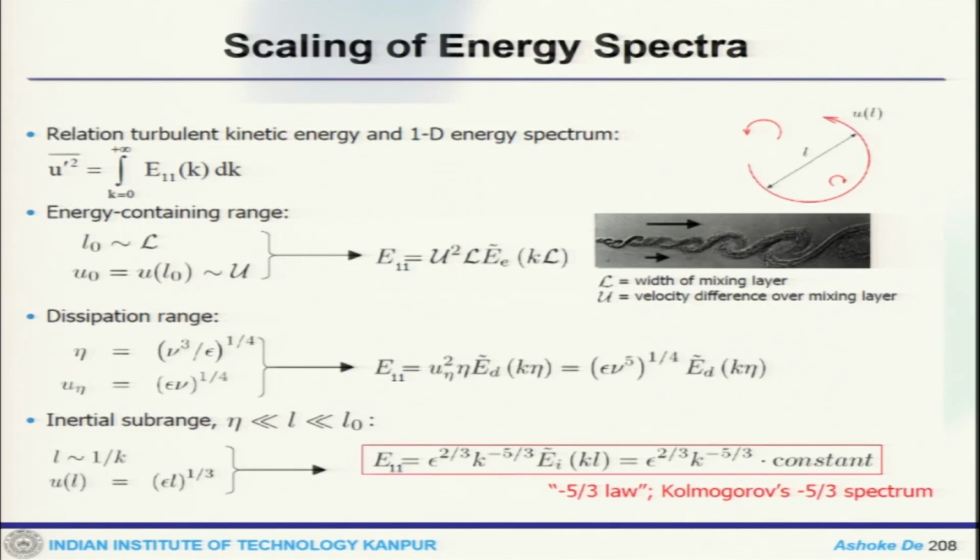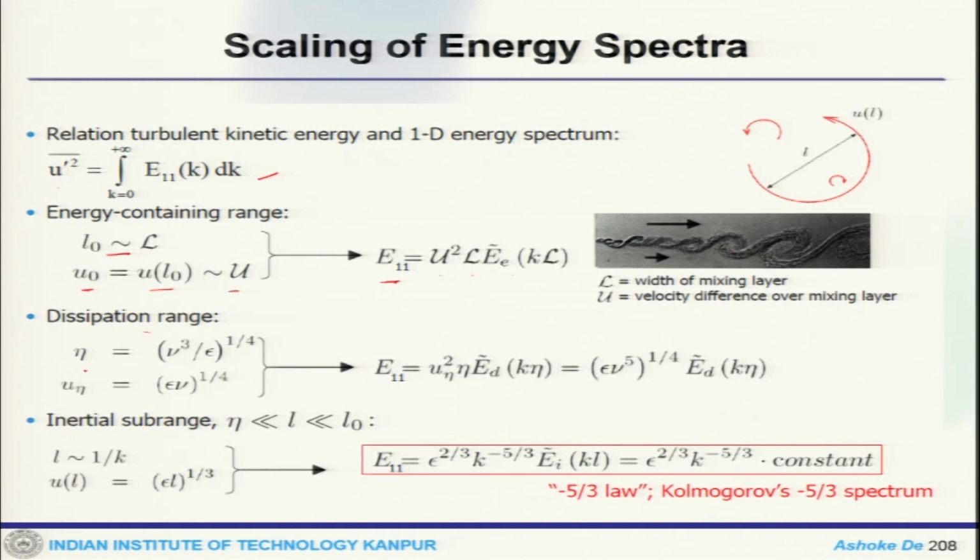Now if you look at the energy spectra, this is a relation between thermodynamic energy and the 1D energy spectra. So this is our u prime square. In the energy containing range, the length scale would be of the order of L, and the velocity scale is u.